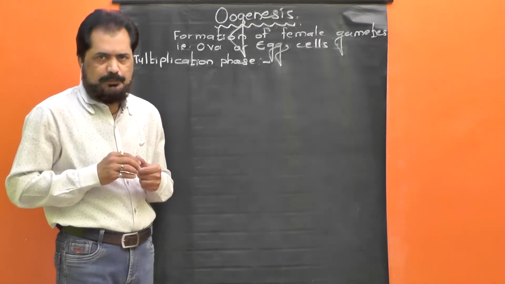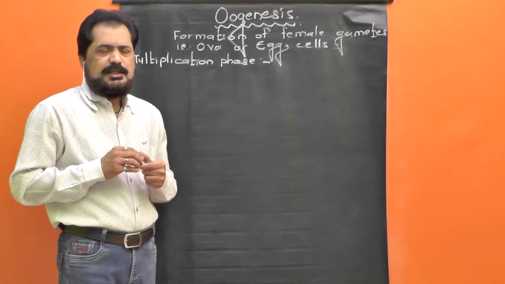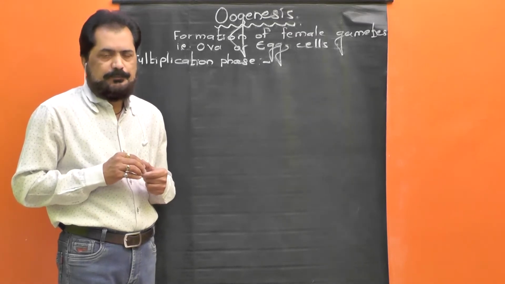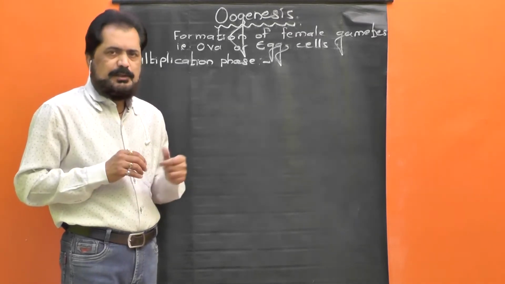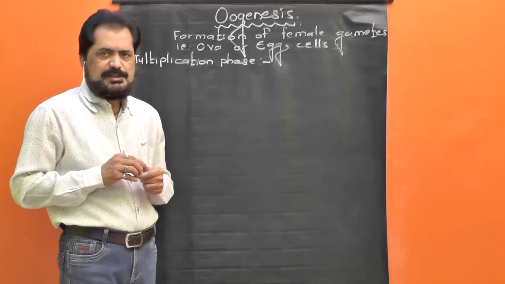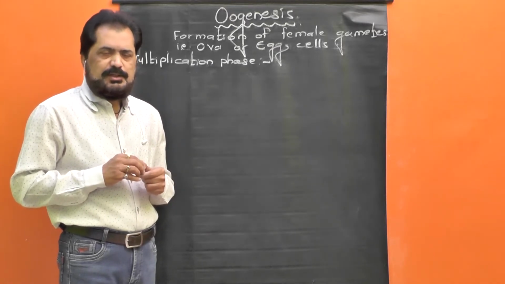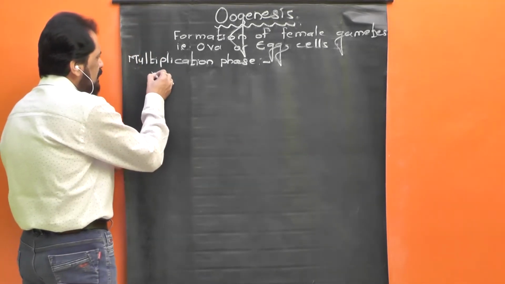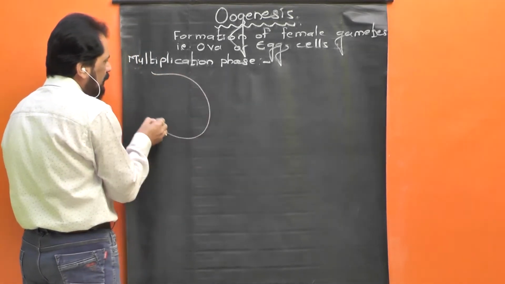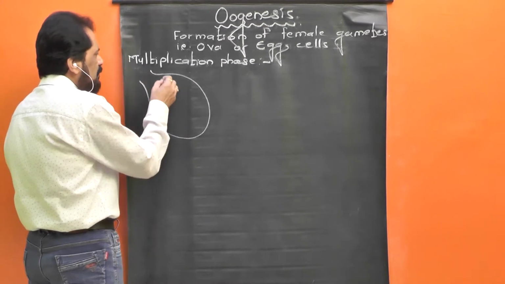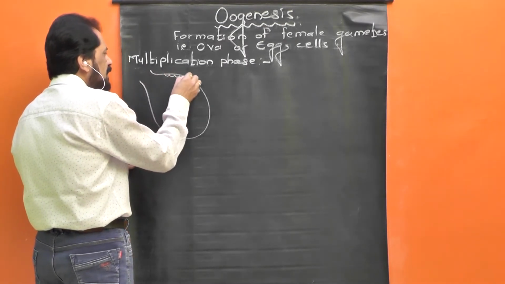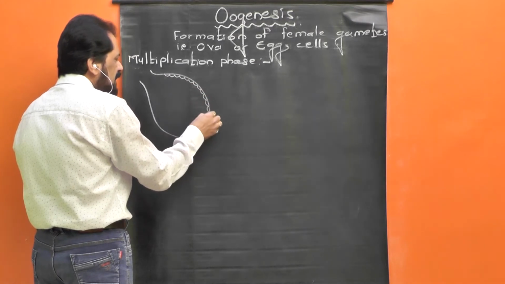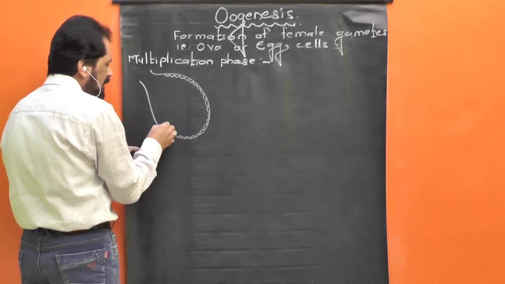Let me explain properly. While studying the histological structure of the ovary, we have already studied this. Suppose here is the ovary. You just imagine, and you know that the ovary is internally lined by a single layer of cuboidal epithelial cells.